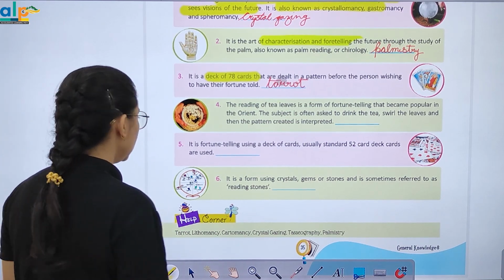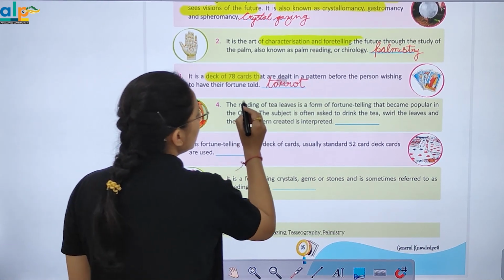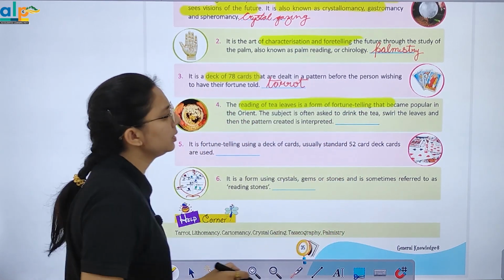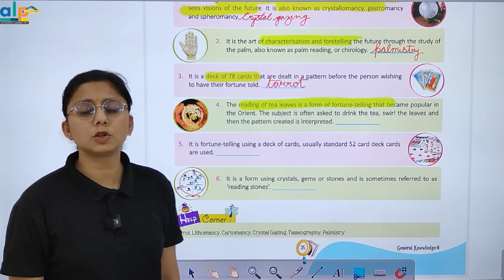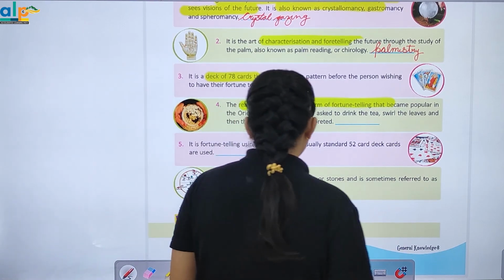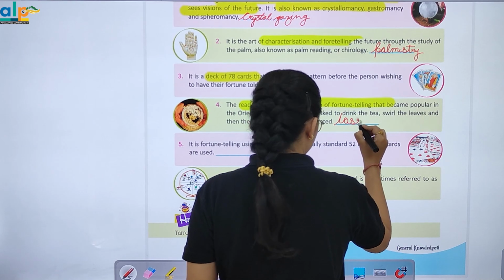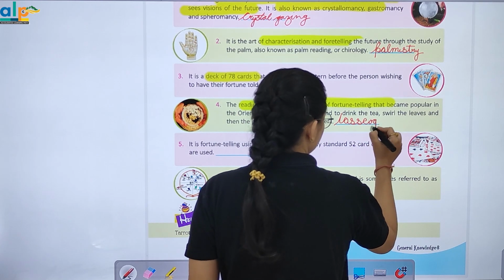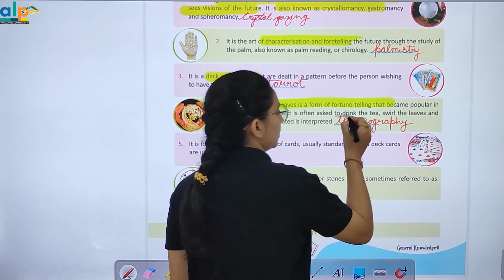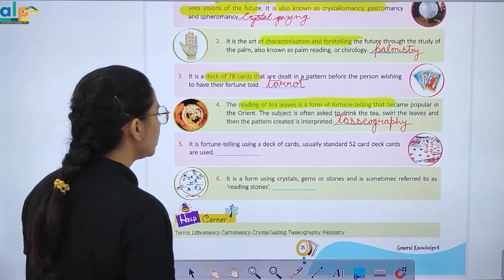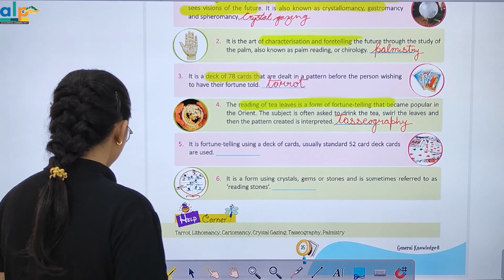Now, reading of tea leaves. Reading of tea leaves is a form of fortune telling that became popular in the Orient. So, what we call it? Tasseography. Next is fortune telling with a deck of cards, usually a standard 52 cards. तो इसमें 52 cards होते हैं.